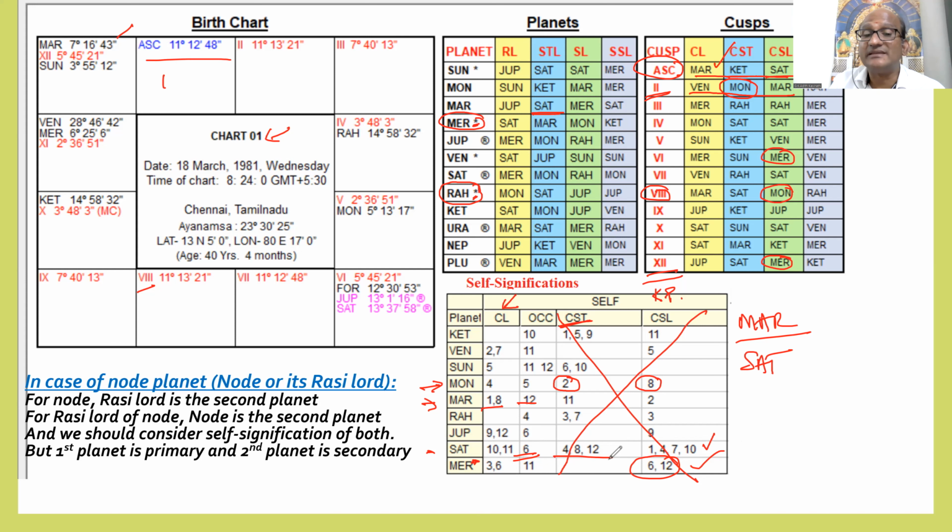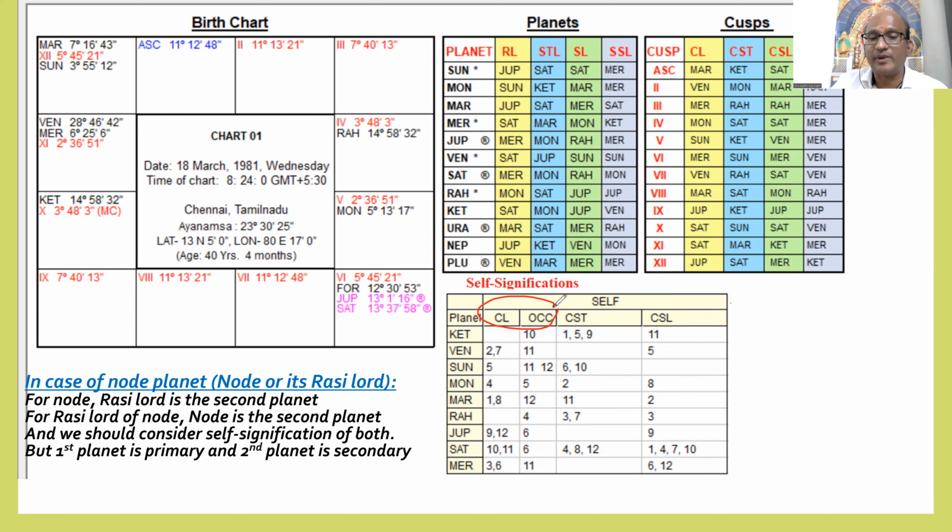We are not taking the cuspal star lord or cuspal sublord as a significator for each planet. You understand? So in EPS, we take not only the cuspal lordship and occupying house like what we take in KP, we take cuspal star lord ownership and cuspal sublord ownership also for each planet. So we have to keep that in mind.